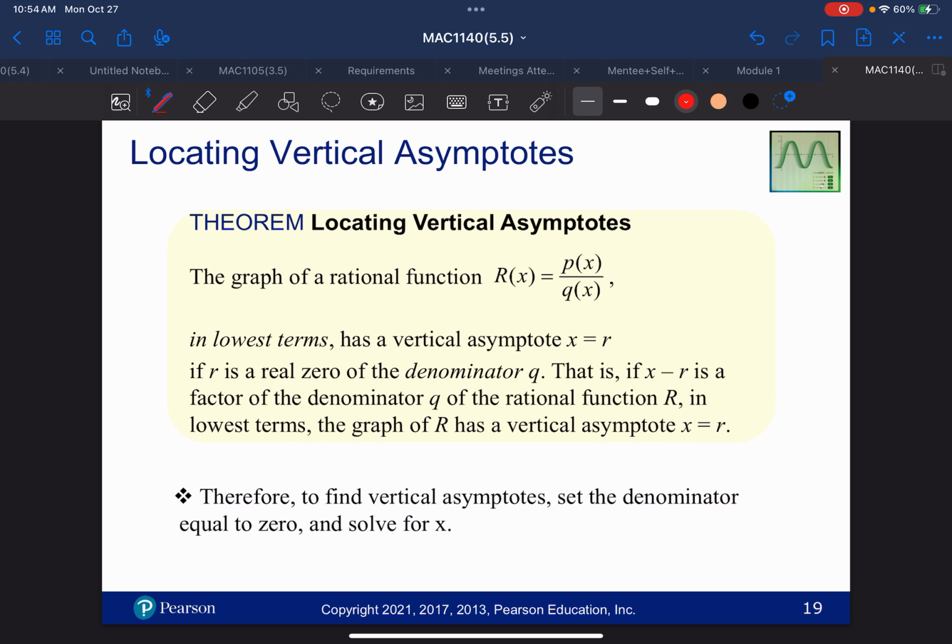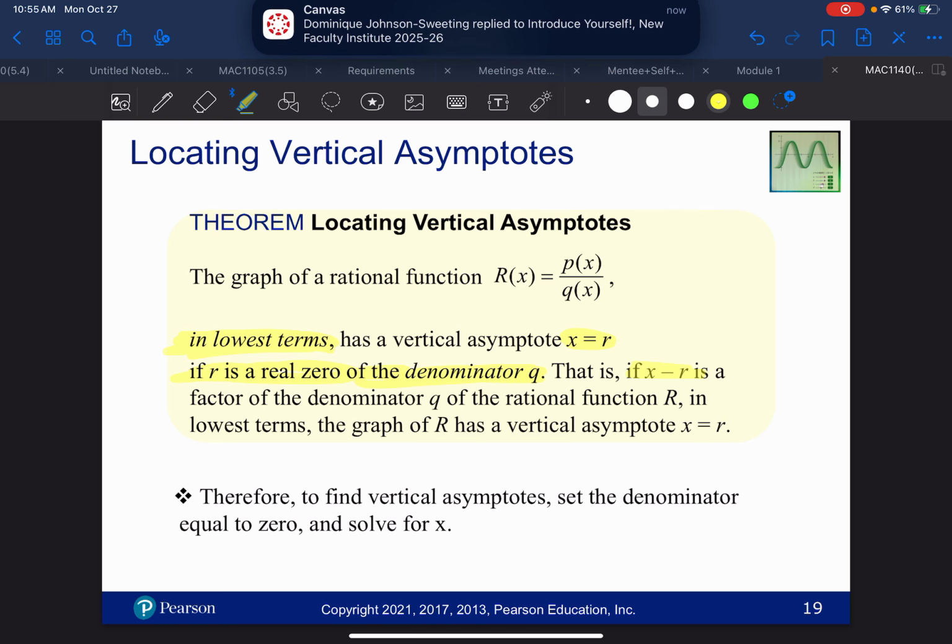Okay, so locating vertical asymptotes is actually very simple. The graph of a rational function, p of x over q of x, in lowest terms, so that means after it's been factored, has a vertical asymptote x equals r if r is a real zero of the denominator q, which means it makes the denominator equal to 0.